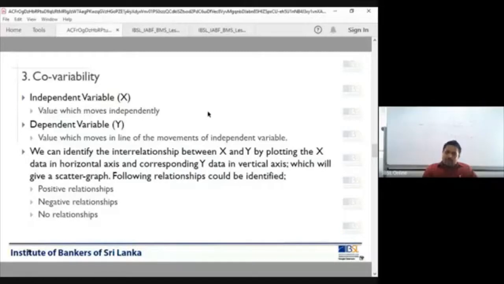So when we plot those data points of the x-axis and corresponding y-axis values, we will be getting the graph called a scatter graph. When we plot those scatter points, what we could identify will be the relationships in a visual manner.